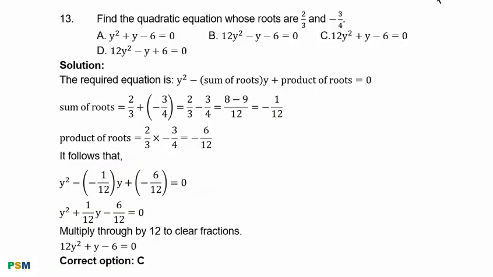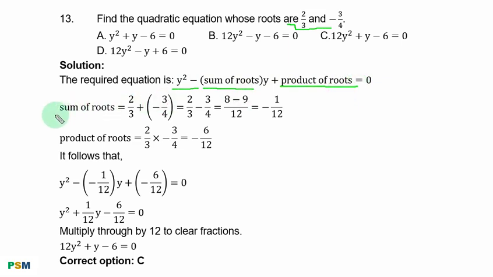Question 13. Find the quadratic equation whose roots are 2/3 and minus 3/4. Solution. The required equation is y squared minus sum of roots times y plus product of roots equal to 0.